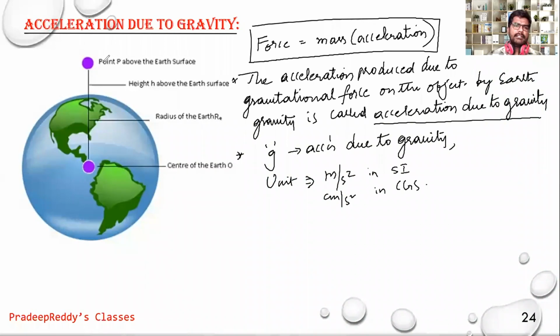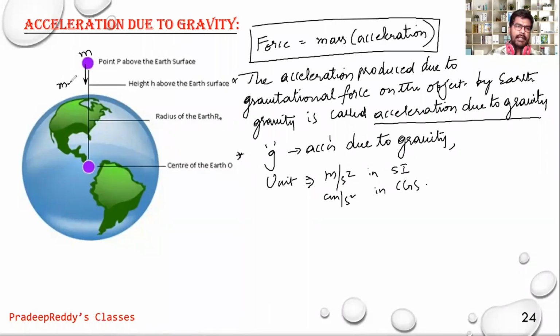So now let me consider a point P whose mass is m on the surface of the earth. Upon this mass there is a gravitational force which pulls it in the downward direction, right? Because of that it causes some acceleration, and the acceleration produced on the surface of the earth, I am denoting it with g.